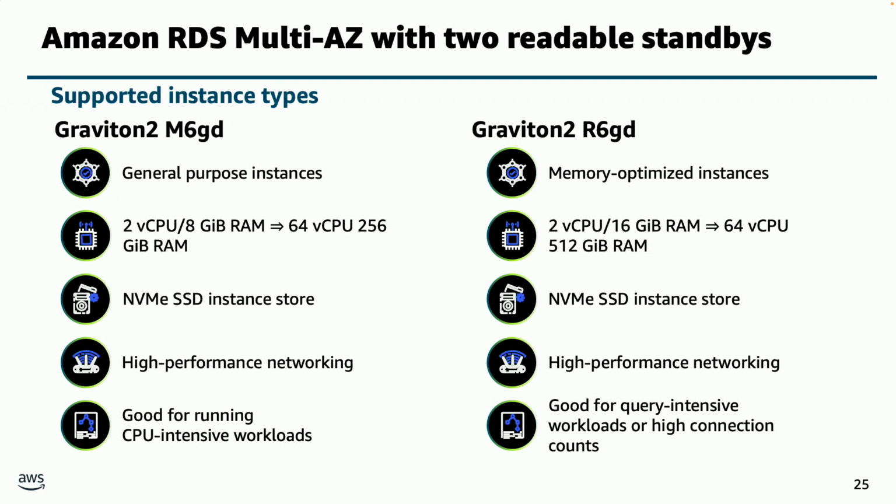Both of them have local NVMe SSD storage available, which is where we're going to keep our WAL logs or binary log files, and it's good for high performing networking applications. The general purpose instances are suitable for CPU intensive workloads. Memory optimized instances are good for high concurrent connections and high throughput activities.